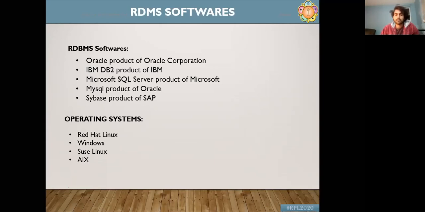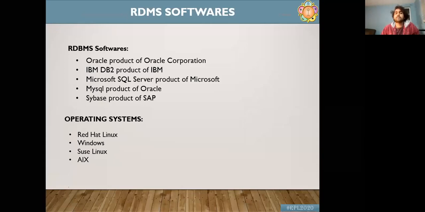But the standard traditional database softwares are Oracle, IBM DB2, Microsoft SQL Server, MySQL, and Sybase. There are many others, but these are more prominent and widely used in most of the big IT companies.